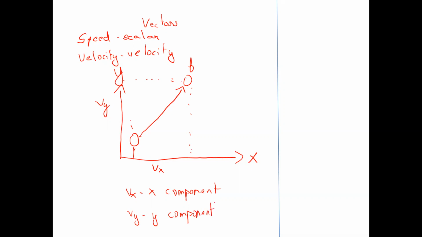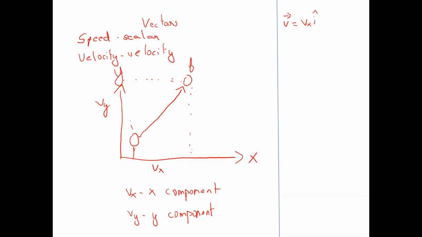Now the x component is multiplied by its unit vector. To write the vector, vectors are denoted with this symbol. Write the symbol v with the arrow mark on top. So the x component is multiplied by the unit vector in that direction.